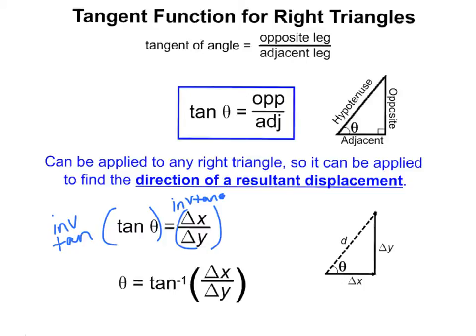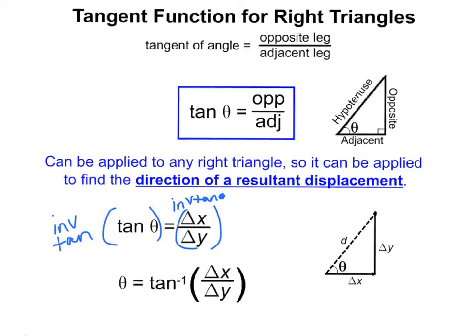Doesn't look very nice, but when I take the inverse tangent of both sides, I end up with simply theta on the left. I got rid of that tangent. And on the right side, I'm going to do the inverse tangent. Another way to write that would just simply be tangent to the -1. It's the same as inverse tangent of the delta y over delta x, of that whole term. So that is how we can find the direction of a resultant displacement.